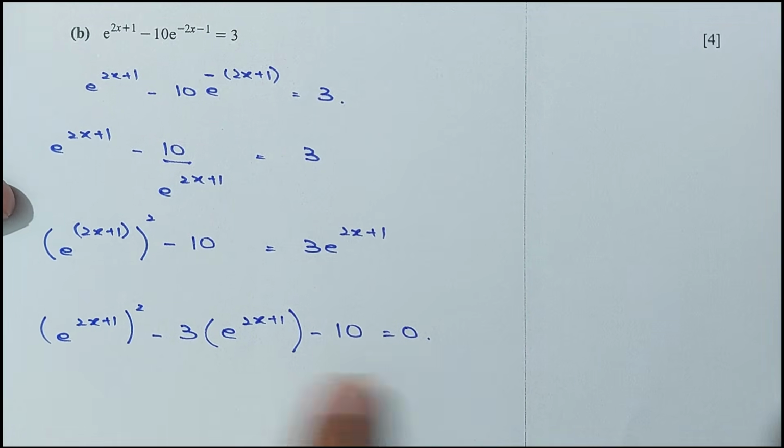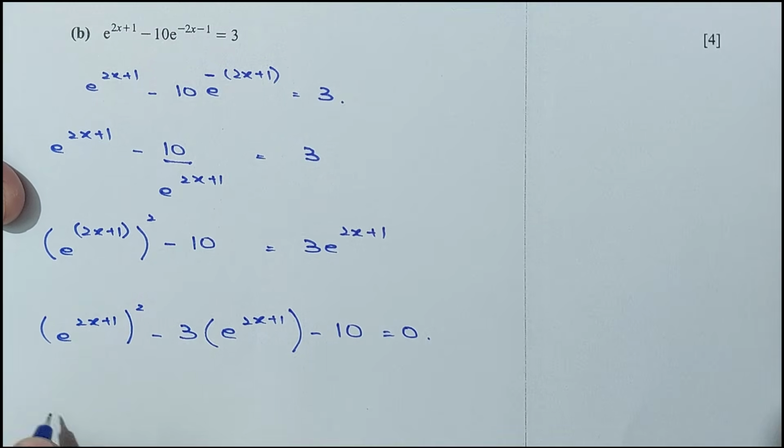You can see 1 times 10 is 10. We have to find the factors of 10. 2 times 5 is 10. 2 and 5, yeah, 2 and 5 works.